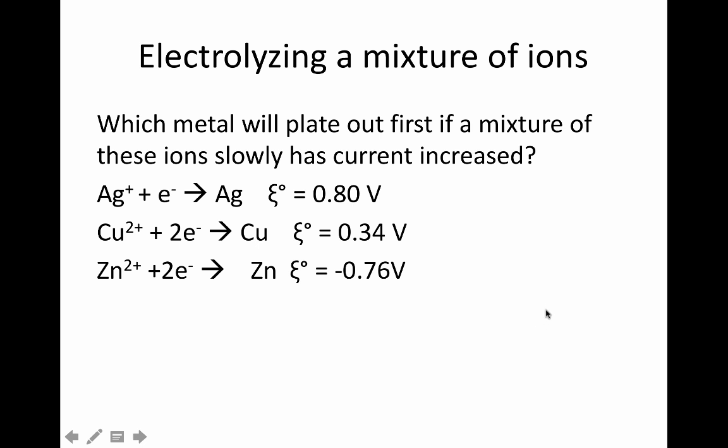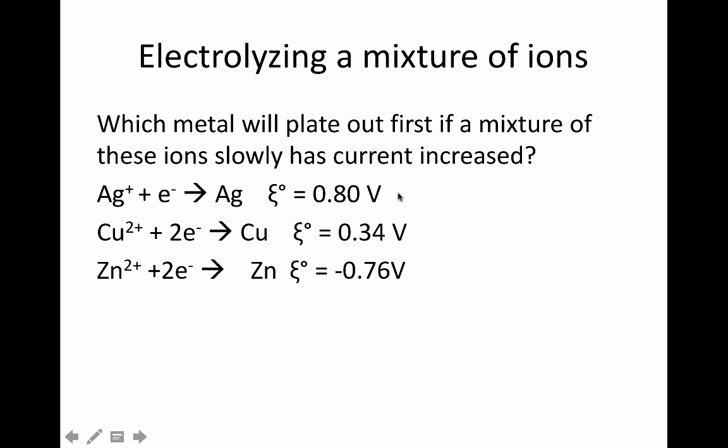The next type of problem that you could be given is electrolyzing a mixture of ions. So if you have a mixture of ions in your beaker and you're electrolyzing that, and ask which metal will plate out first if a mixture of these ions slowly has current increased.